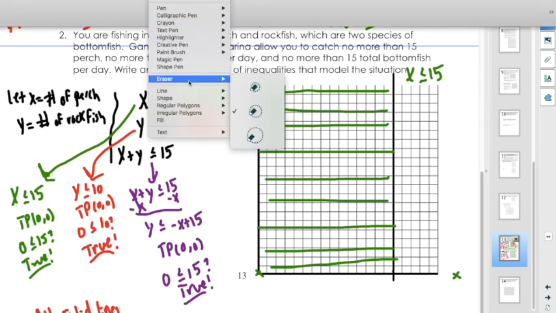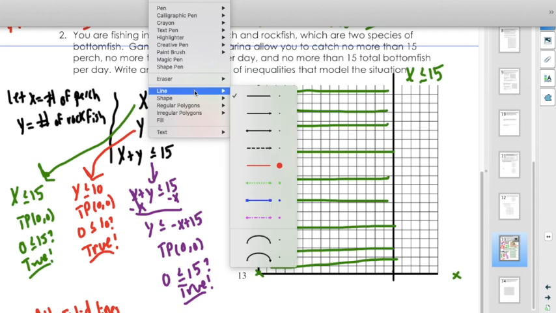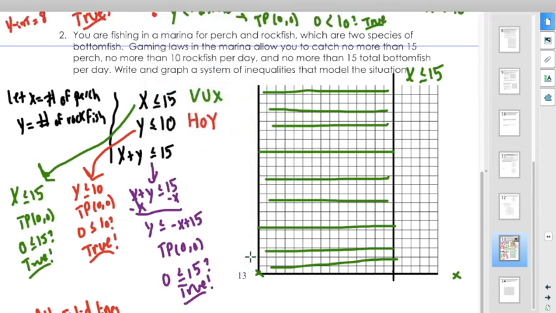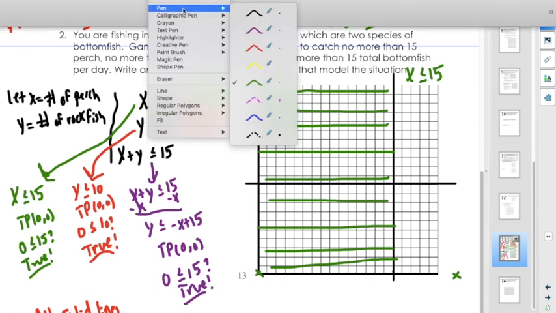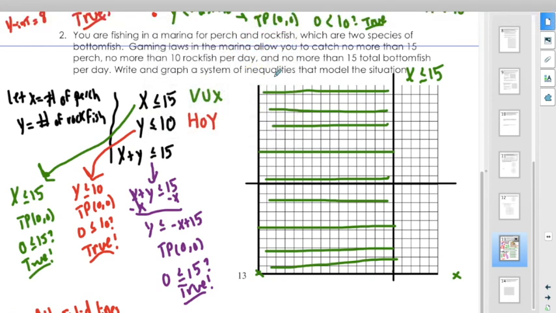Okay, let's do y is less than or equal to 10. I'm going to want my line. So I'm going to count up 10 on the y-axis. 1, 2, 3, 4, 5, 6, 7, 8, 9, 10. I'm going to want a horizontal line at y is 10. Label your line. Make sure you guys are putting arrows on these.